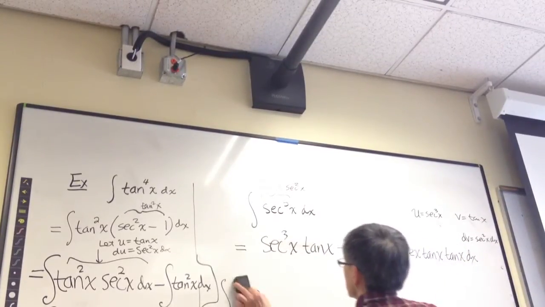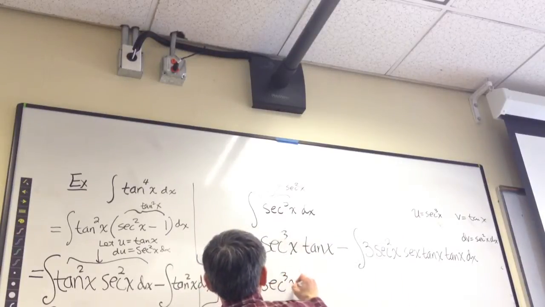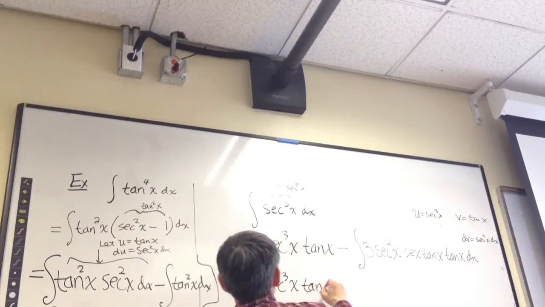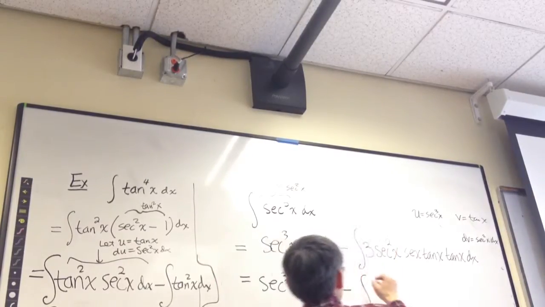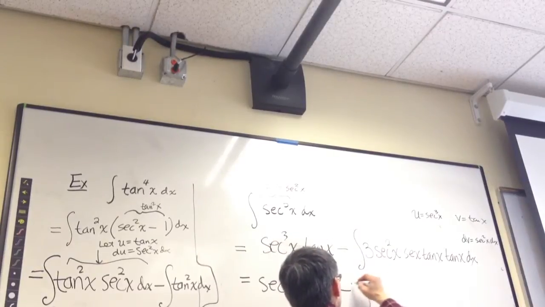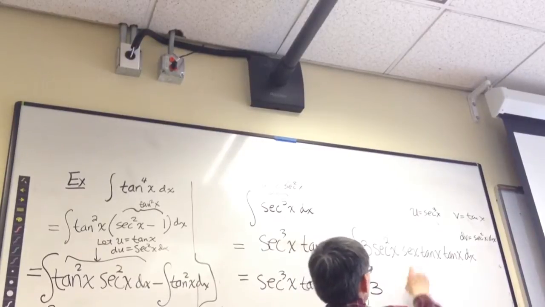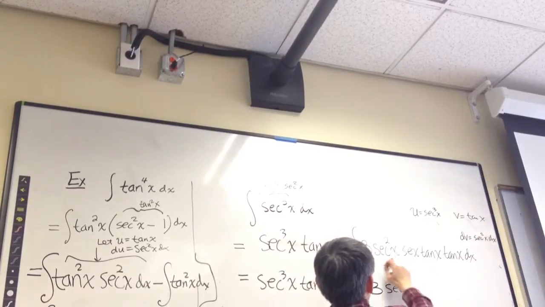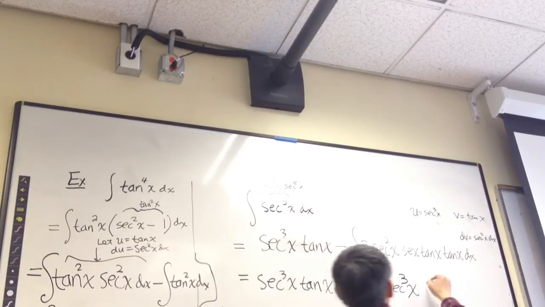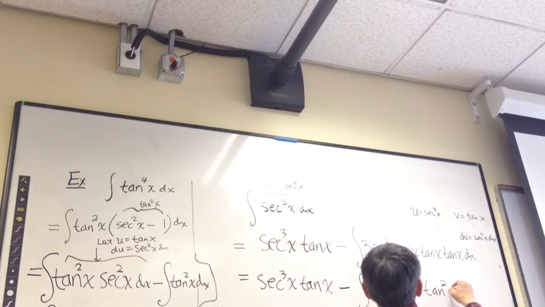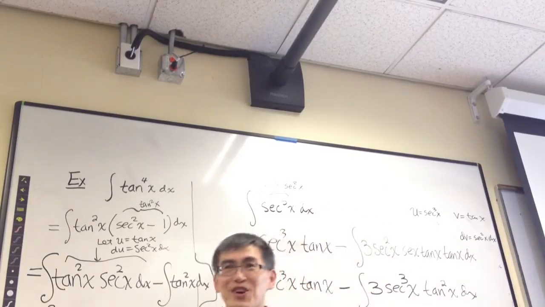So what do we get? Let me rewrite it. Secant third power x tangent x minus an integral. First of all, it has a 3 here. Secondly, you have secant third power, and then tangent squared x. That looks just as complicated as that one, right?